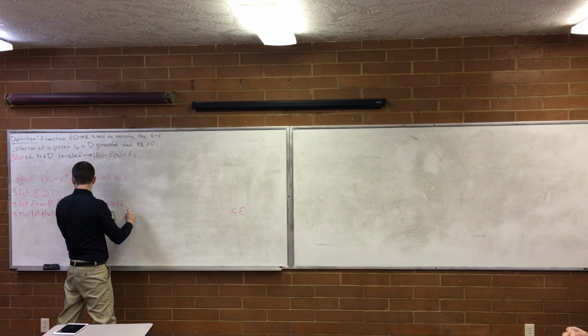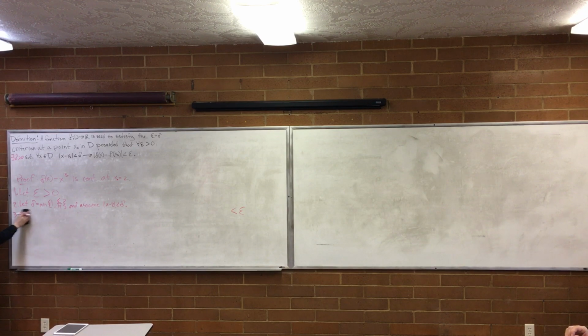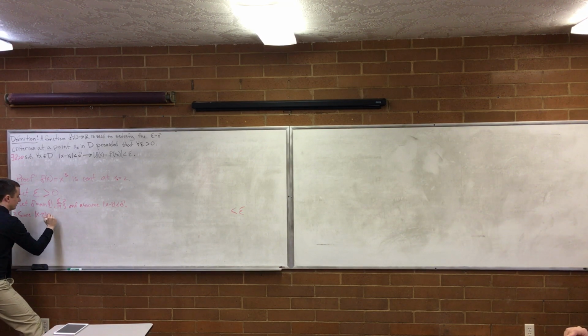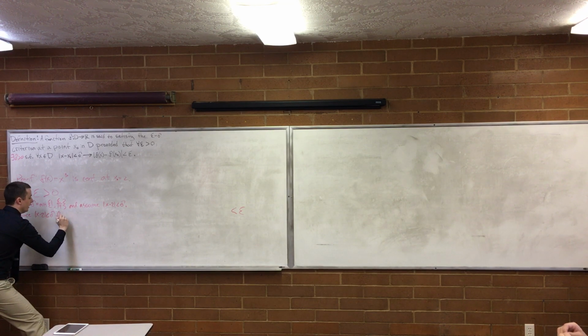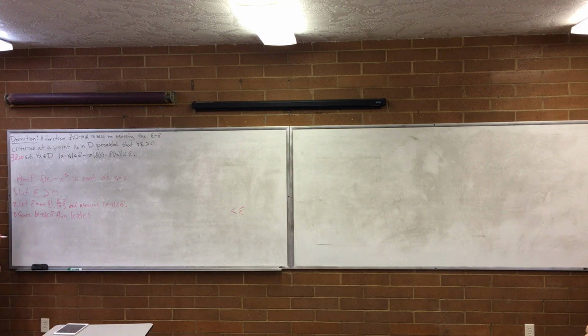Maybe I'll just put it in above here, because I think we'll use it later on. Since |x minus 2| is less than delta, then |x minus 2| is less than 1, right? Because delta is the minimum of these two things. Right.